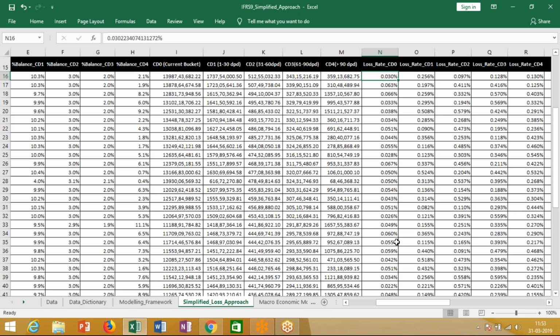So using this, I should be able to capture that balances which are in CD0 have this percentage or this flow rate into the loss buckets. Balances in CD1 will have this flow rate into the loss bucket. Balances in CD2 will have this flow rate into the loss buckets. Like this, and finally balances which have hit CD4 will be capped to 1, right?